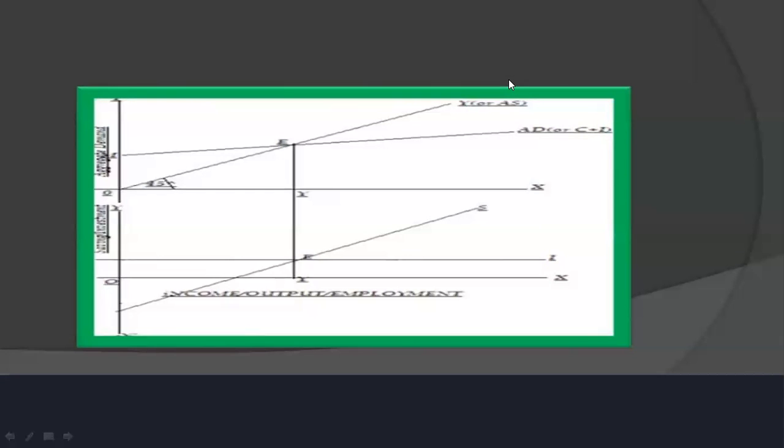The economy is in equilibrium at point E, where the saving and investment curves intersect. At point E, saving is equal to investment, and OY shows the equilibrium level of output corresponding to point E.